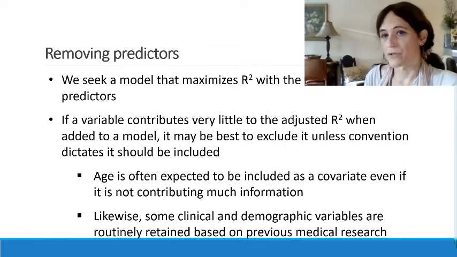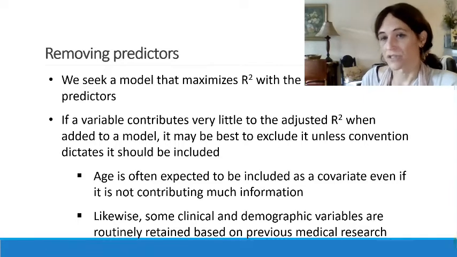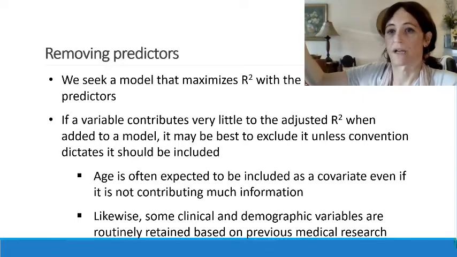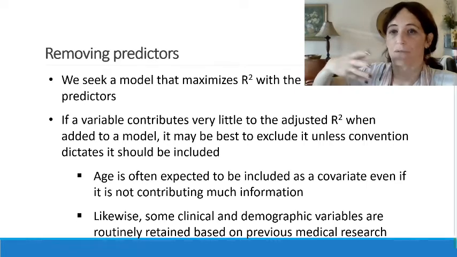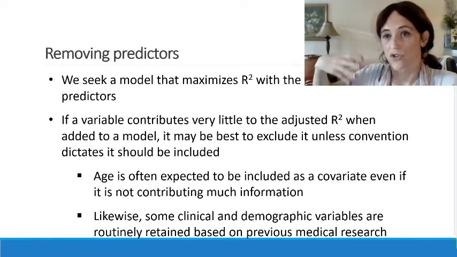So another approach would be to maximize your R squared with as few predictors as you can. So what combination of variables would still give you the same level of prediction, or same amount that you're explaining, with fewer variables? That would be another way of considering dropping or including a variable.